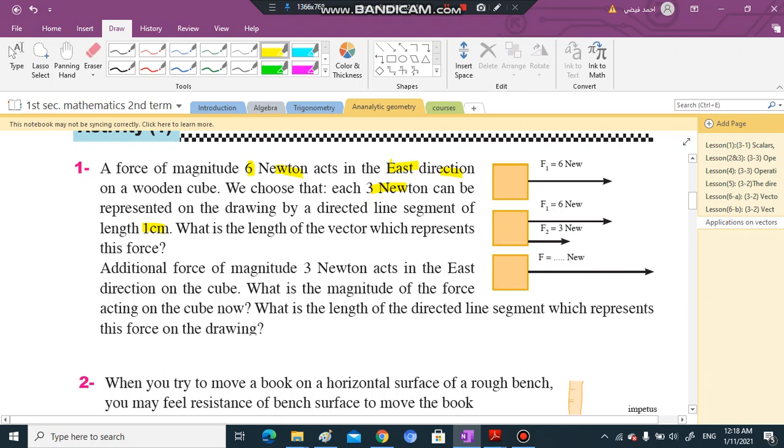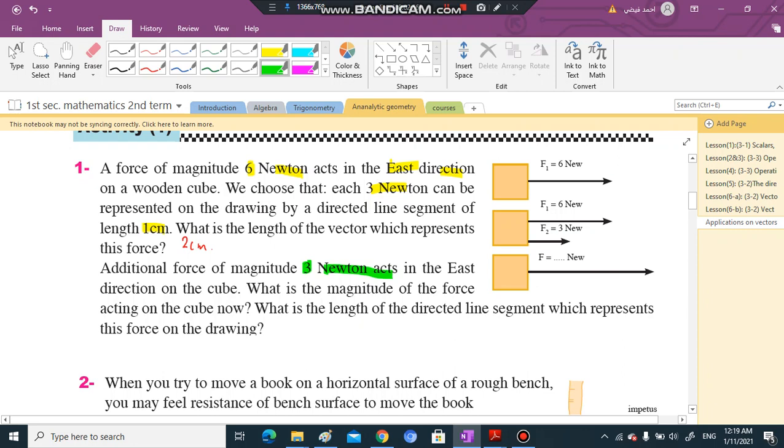What is the length of the vector which represents this force? It will be 2 centimeters. If we have an additional force of 3 newtons acting in the east direction on the cube, what is the magnitude of the force acting on the cube now?